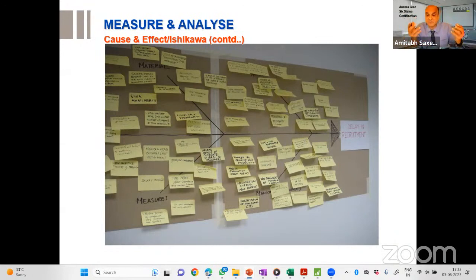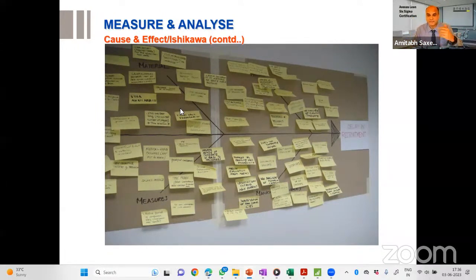There are 6 M's, we call it man, machine, material, method, measurement, and mother nature. So when you are brainstorming, try to think of machine also, measurement also, the 6 M's, and club the similar things together. Now you can't work on all these causes, isn't it?